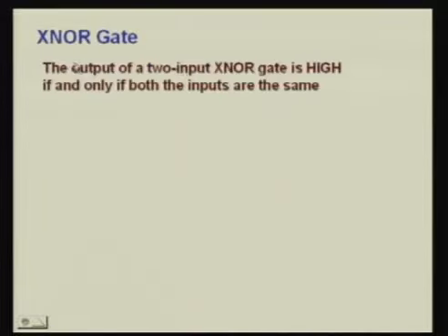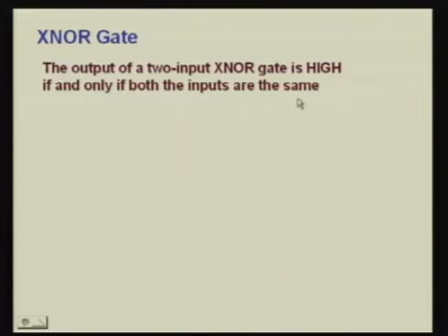The XNOR gate is basically just the complement of the XOR gate. Let us look at the definition; we are talking only about two inputs, not more than two. The output of a two-input XNOR gate is high, that is, in the one state, if and only if both the inputs are the same.